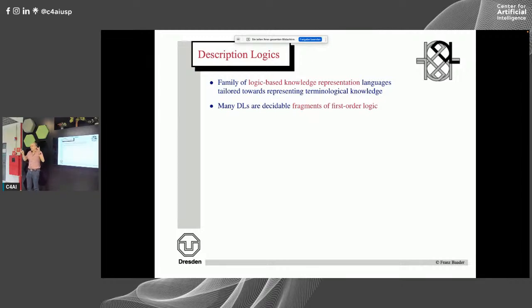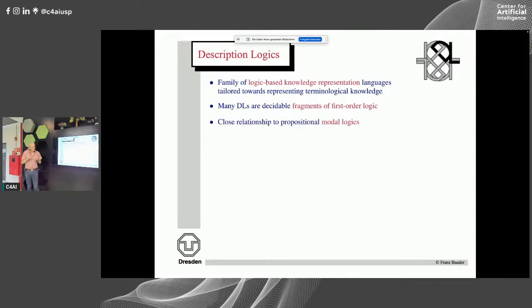Even in the settings where description logics came from, people had formalisms that syntactically didn't look like logic, but once they started to think about how to formalize the semantics, they noticed, okay, I just do it using first order logic. And of course, to be effectively used, we want to have decidable fragments, so where we can really implement the reasoning.